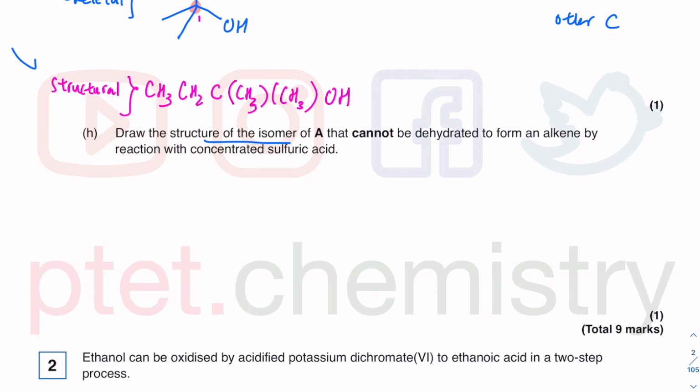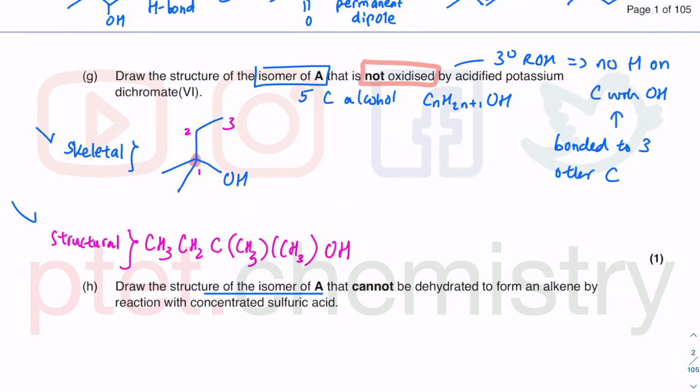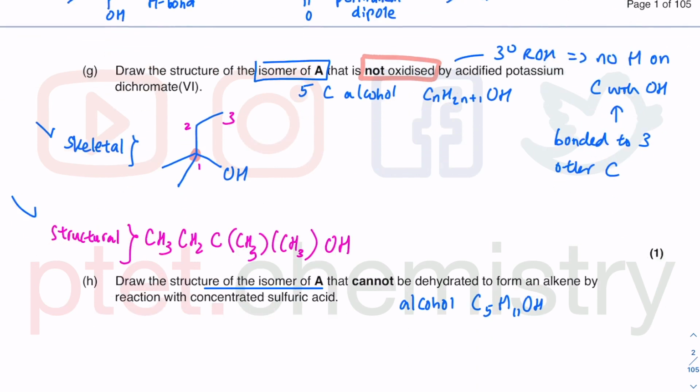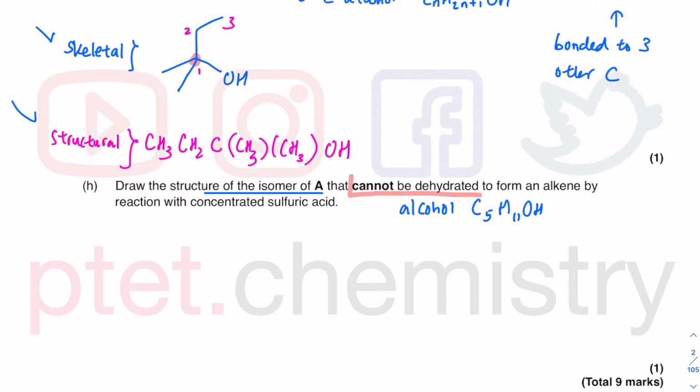Last but not least, draw the structure of isomer of A. So isomer of A again is the alcohol. And we are looking at cannot be dehydrated. You cannot be dehydrated if you have no hydrogen on the adjacent carbon. We are looking at the carbon adjacent to the carbon with OH.